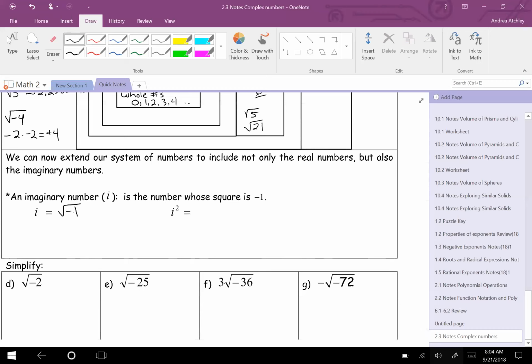Okay, if I have i squared, then it's basically taking the square root of -1 and I square it, right? The square root and squaring are inverse operations of each other, so they basically undo each other. So what will I get left with? Not 1, -1.